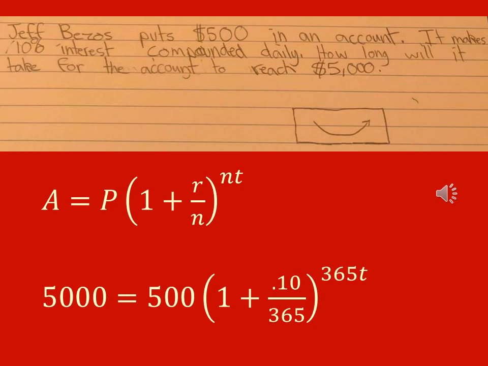We know we start with $500, and we want to have $5,000 at the end of the problem. It's compounded daily, so the n is 365, and the rate of interest is 10% or 0.10. What we don't know is the time, how long that's going to take to happen.